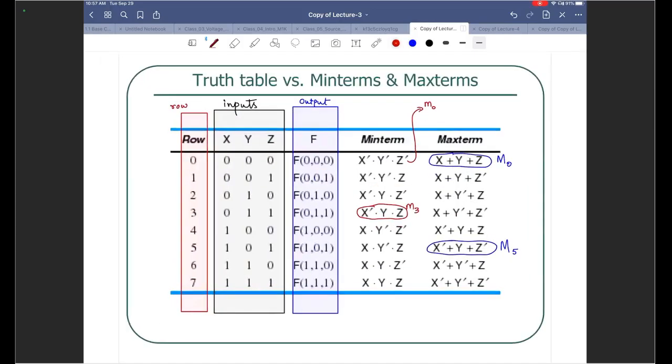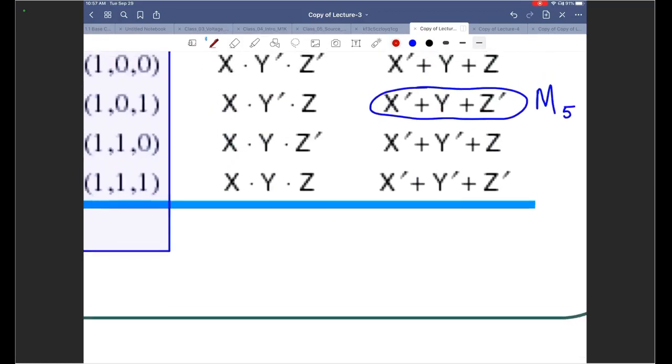So I'll write it down over here. In general, any minterm, say m subscript k, where k stands for any row, right? Any minterm is simply the complement of that same max term.